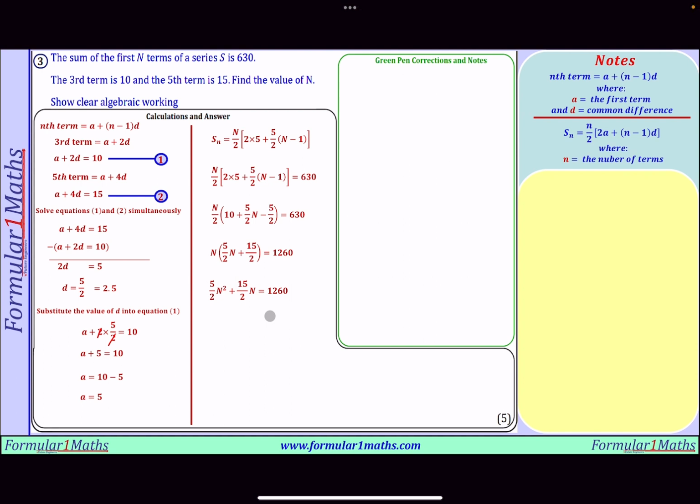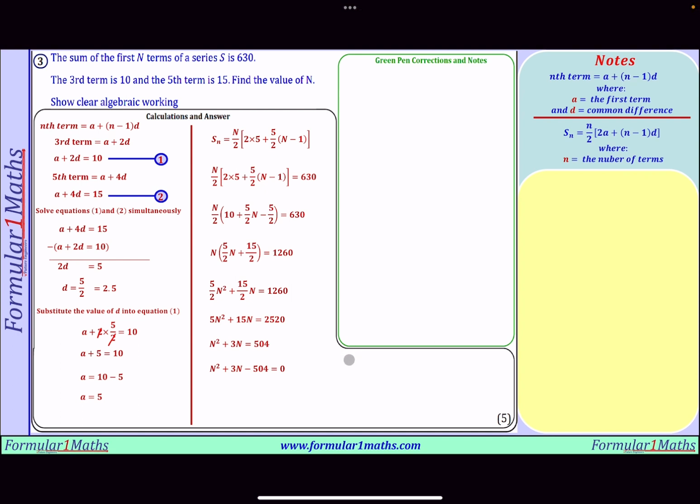But I can multiply every term by 2 to get 5n squared plus 15n is equal to 2,520. I can also divide every term by 5 to simplify the equation to get n squared plus 3n is equal to 504. Then rearrange to get a quadratic in n as follows.